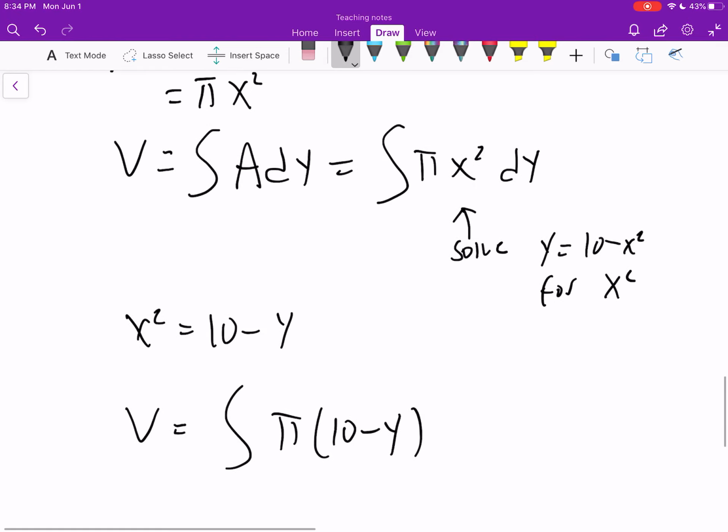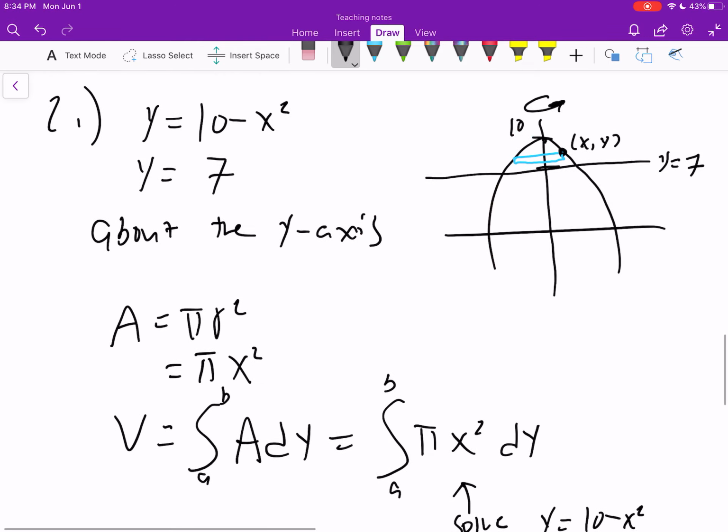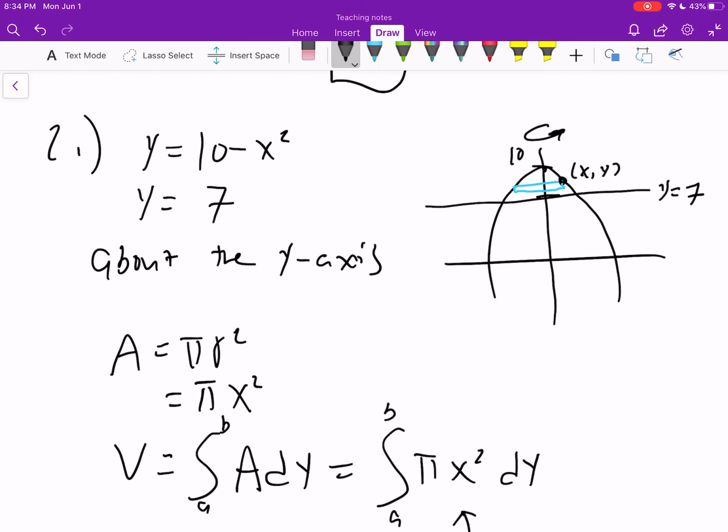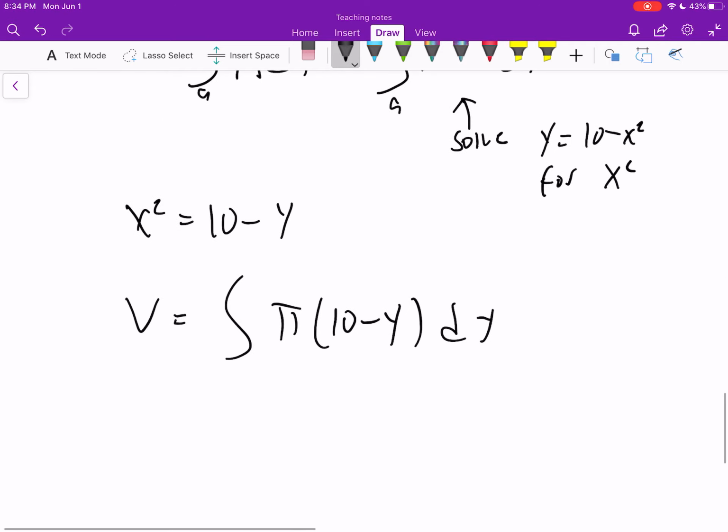I also need to put bounds on here, so I should have been putting a to b on all of these. If I go up and figure out what my bounds are, they're pretty clear from how I've drawn the plot and what I know about parabolas: it starts at y equals 7, ends at y equals 10.